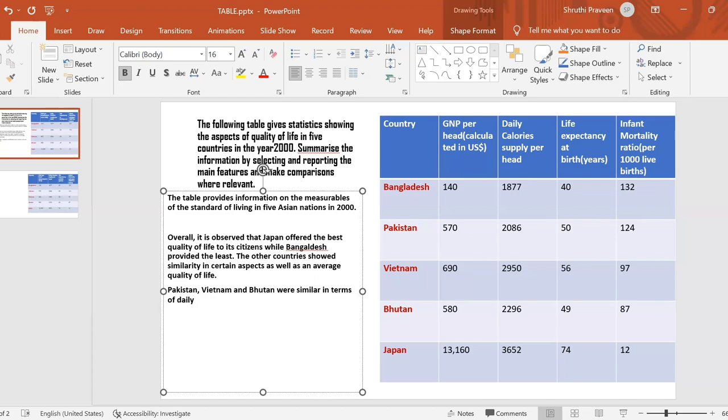Or I can write between the range 2000 to 3000. That's also another way of saying it. So Pakistan, Vietnam and Bhutan were similar in terms of daily calories consumed per person, which was between 2000 and 3000. Okay.